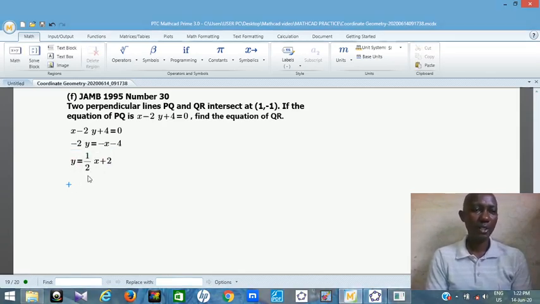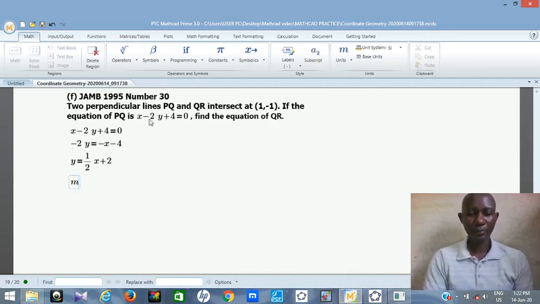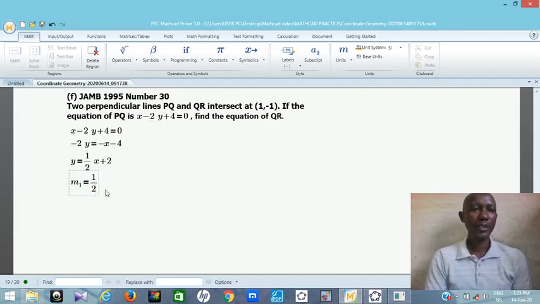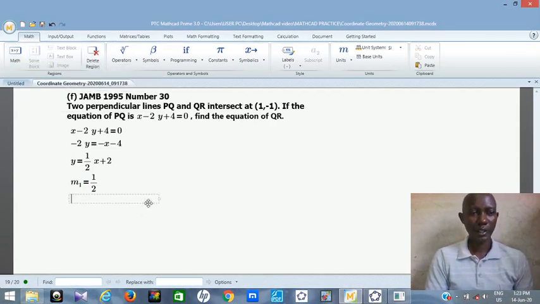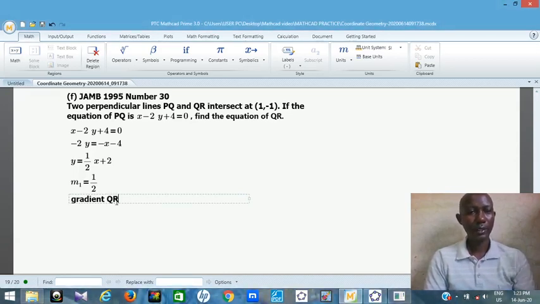So now that y is made the subject, let's take this as the first line. So m1, that is the gradient of this line, PQ, is 1 divided by 2. So since we know that now, therefore the gradient of QR, let's take gradient QR as m2.